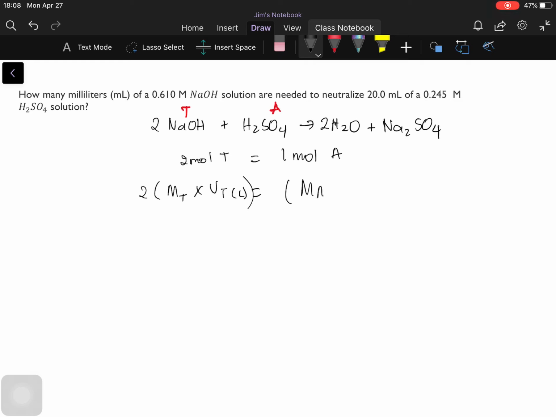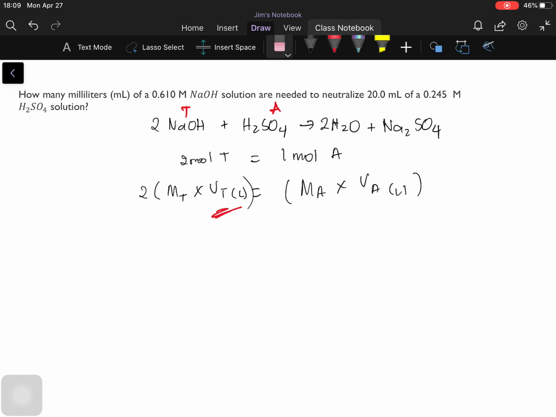So that's molarity of analyte times the volume of analyte in liters. Looking back again at the problem, we are asked how many ml of the titrant is needed. So we are asked to solve for the volume of titrant.